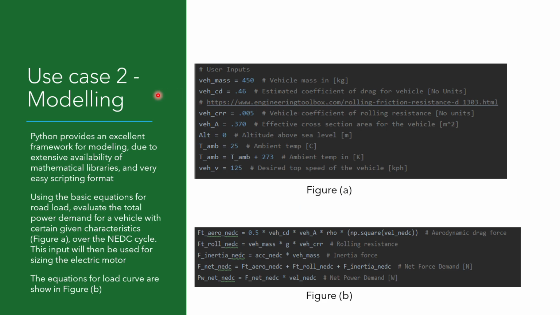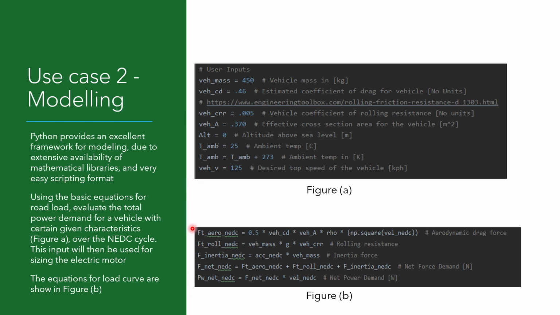Use case two. The first one was regarding just simple data analysis. The other option is that you can also model lots of mathematical stuff in it. For example, let's say we had a given vehicle configuration: vehicle mass, coefficient of drag, rolling resistance, etc. And we want to design an electric car, and we want to find what should be the size of the motor.